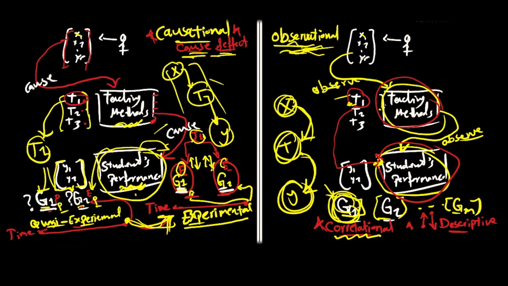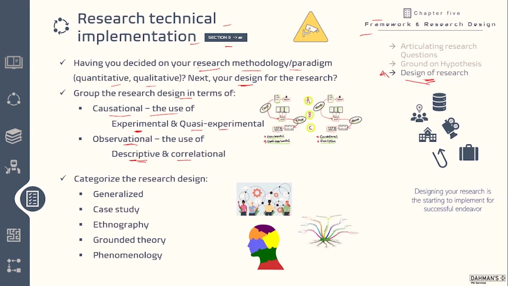If I would like to find this correlation in either a positive or a negative direction, then this method is called descriptive. So we have seen the two different research designs in terms of causational and observational.